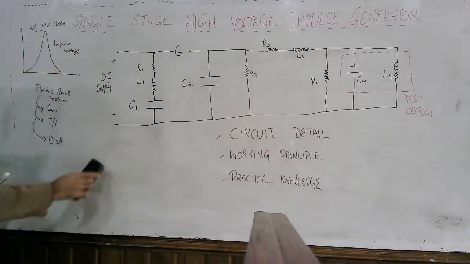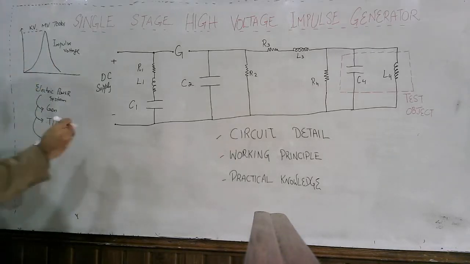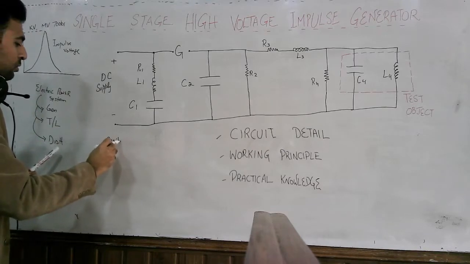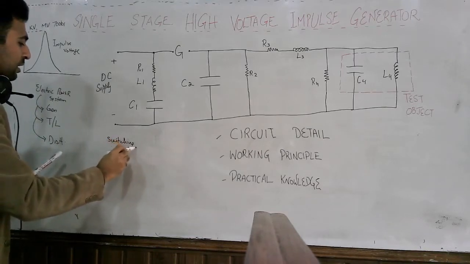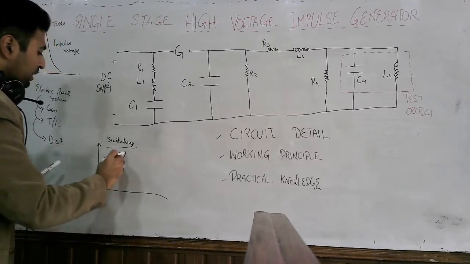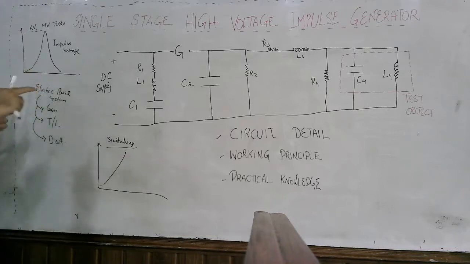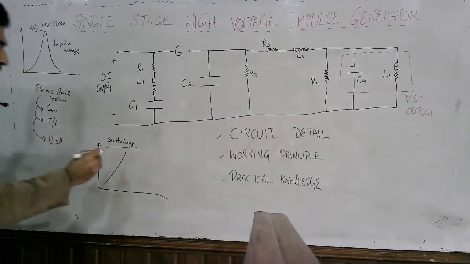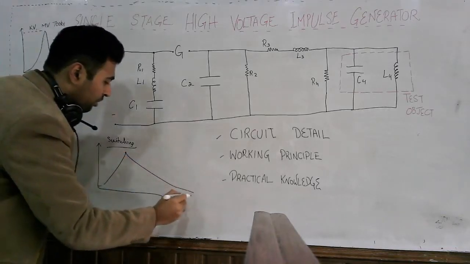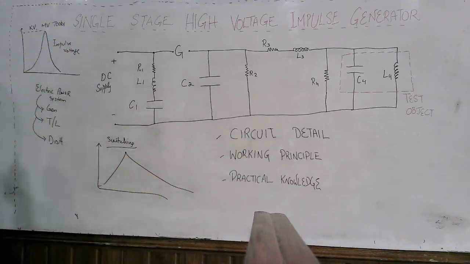The lightning impulse voltage rises quickly and decays quickly. But the switching impulse voltage takes a greater time to rise as compared to the lightning impulse voltage, and then decays in a greater time as well.